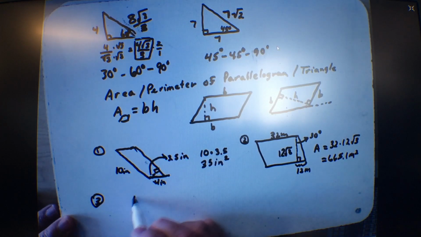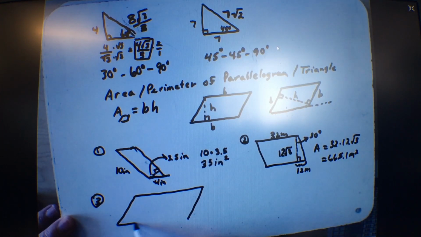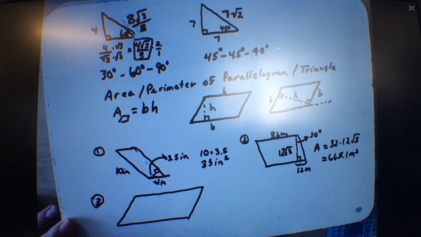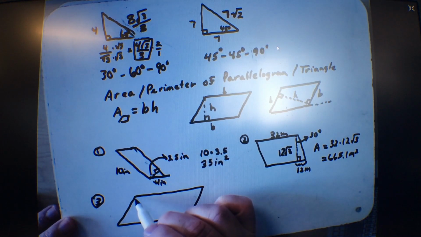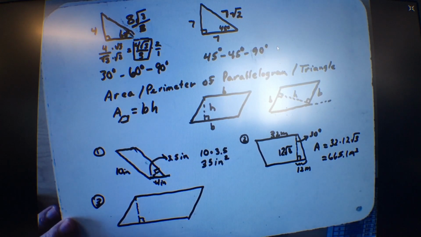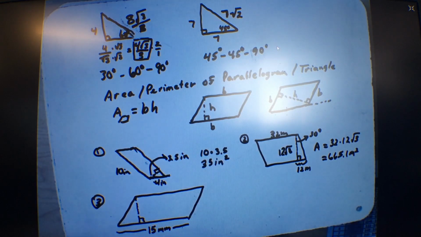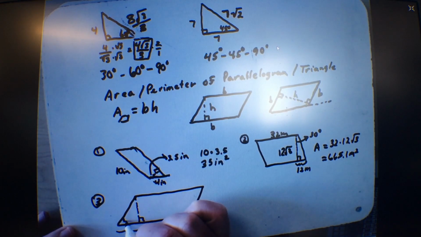Okay, so let's take a parallelogram that looks like this. Okay, I'm telling you it's a parallelogram. Okay, there's the height. This whole thing right here is 15 millimeters. So that bottom base is 15 millimeters. Okay, this is 45 degrees.